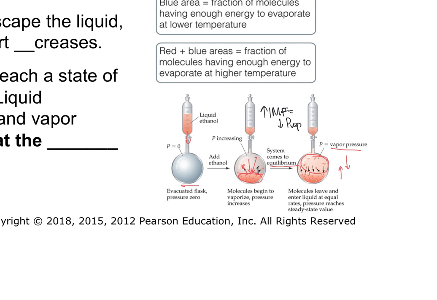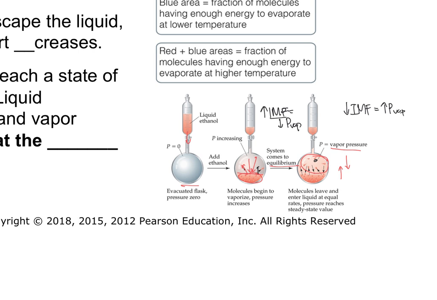When I have weak intermolecular forces and I'm really volatile, meaning I can evaporate easily, then I'm going to have a lot of molecules that are able to get into the gas phase. And so that means I'm going to have a lot of pressure, so high vapor pressure. So it's basically inversely related to the boiling point.